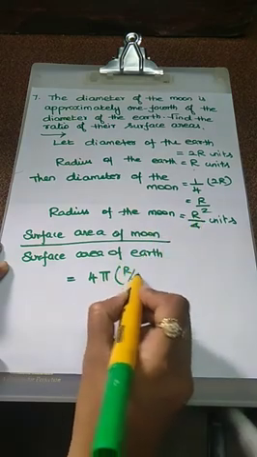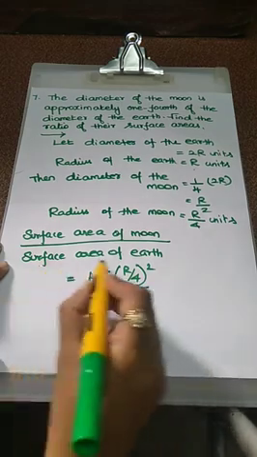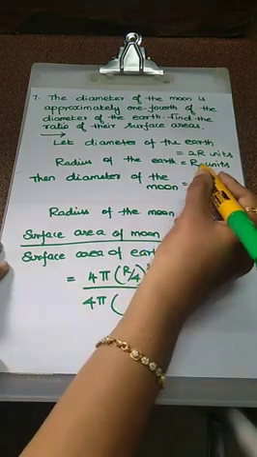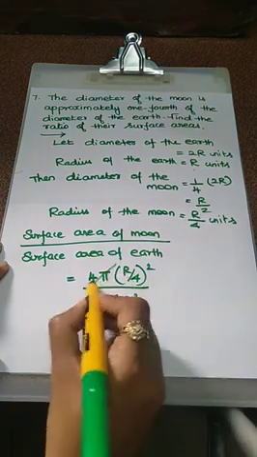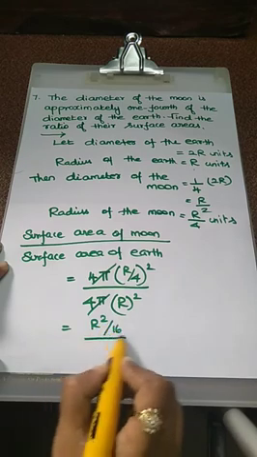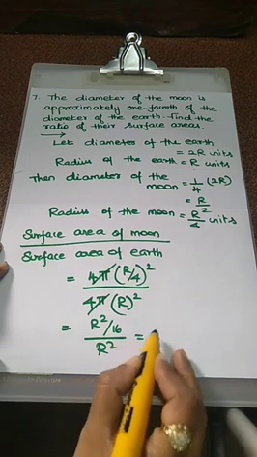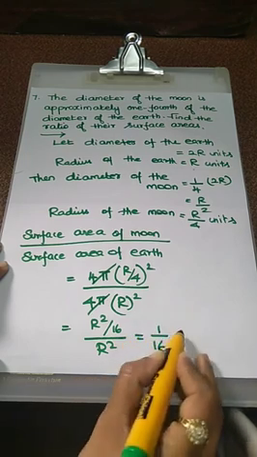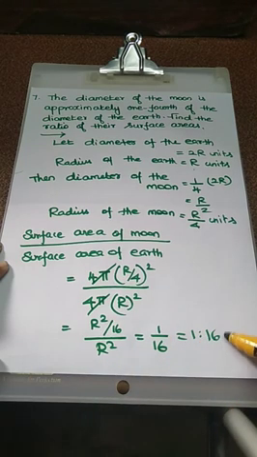So r by 4 the whole square divided by 4 pi, surface area of earth, radius value r only, r square. Now 4 pi directly cancel. R square by 16 by r square. Now r square also cancel. So the answer is actually 1 by 16. So the ratio is 1:16. That's all.